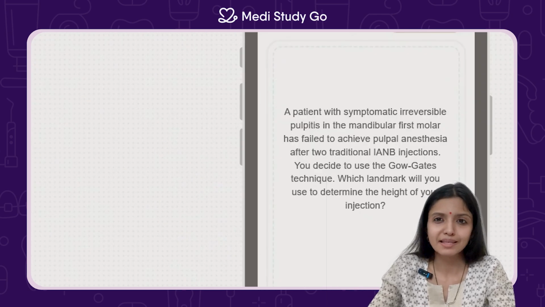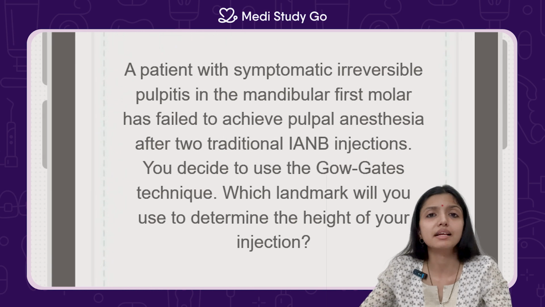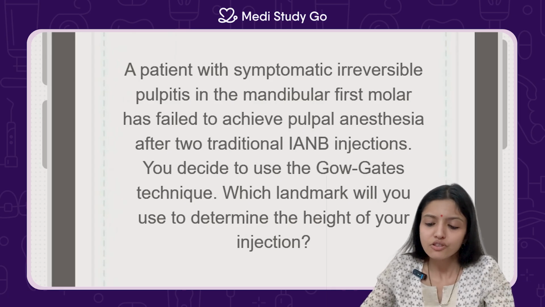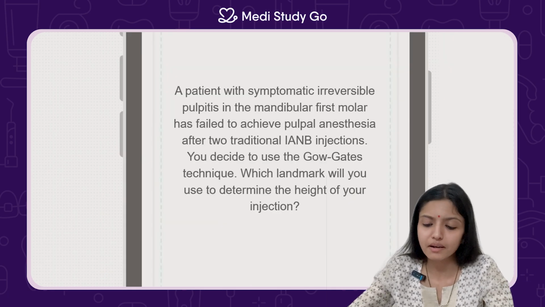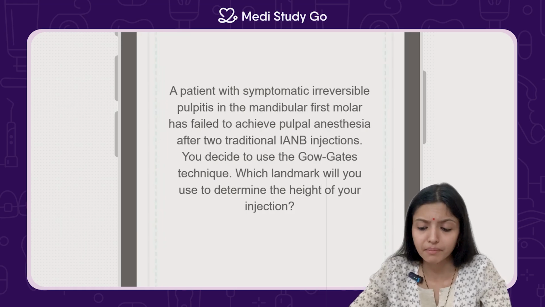Now I'm here to assess your knowledge with some flashcards, which is a new feature in our app, wherein we help you revise the most important key concepts with just one flashcard. So try to answer this question: a patient with symptomatic irreversible pulpitis in the mandibular first molar has failed to achieve pulpal anesthesia after 2 traditional IANB injections.